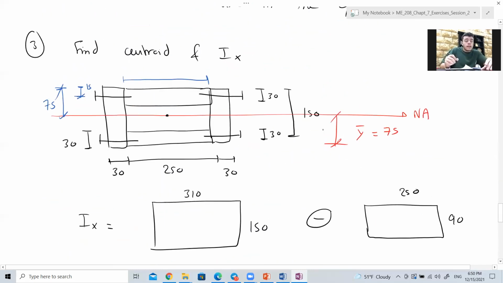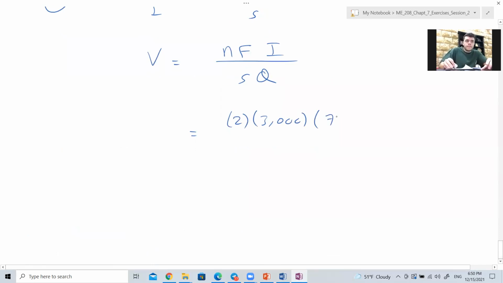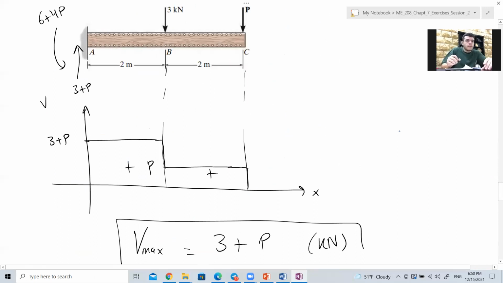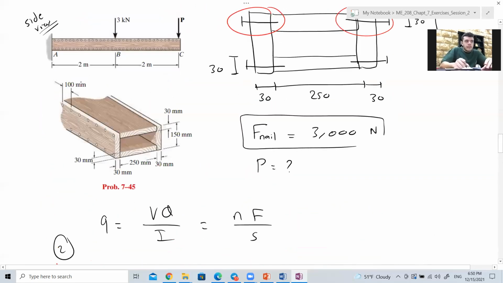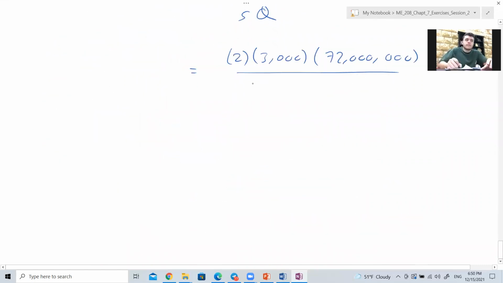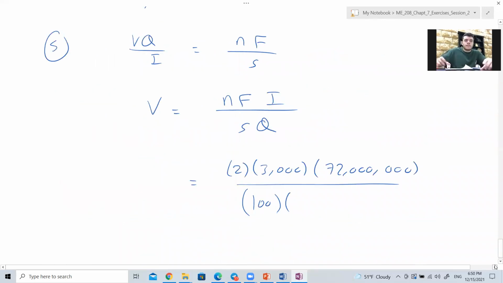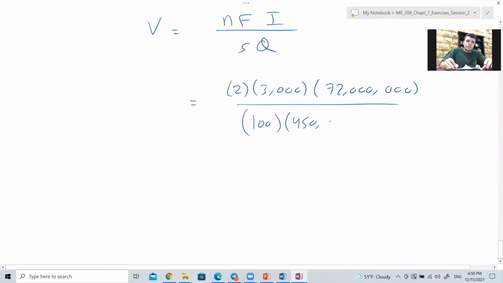I is 72 million. The S is also on the figure, the distance between the pins is 100 millimeters. And Q is 450,000. That gives you 9600. This is V.